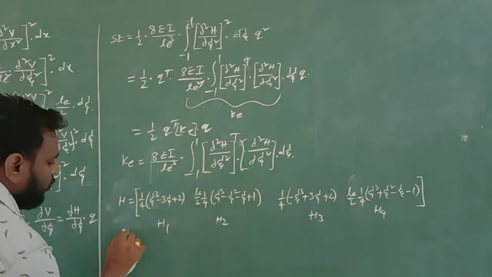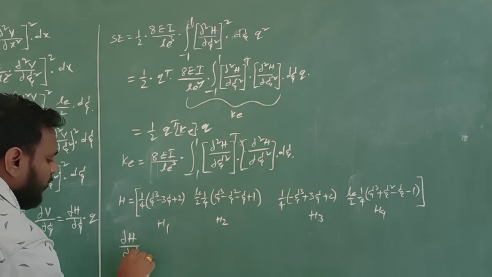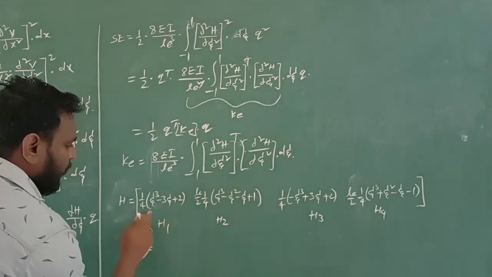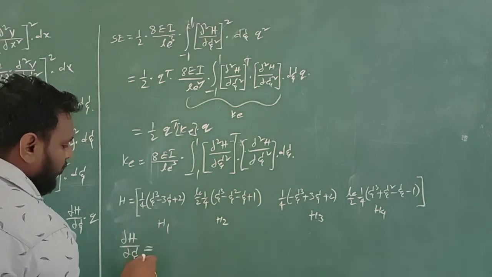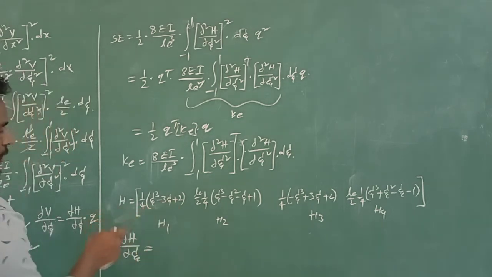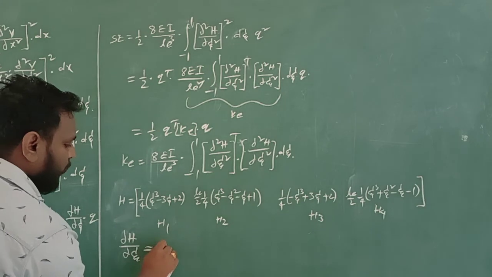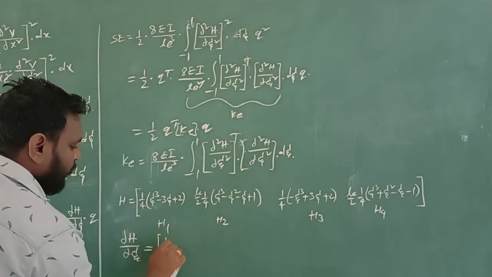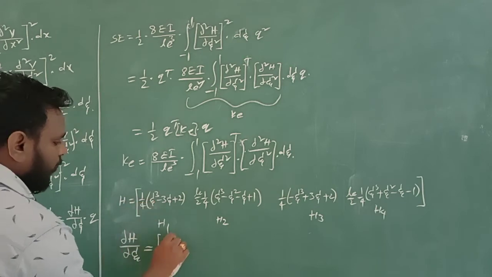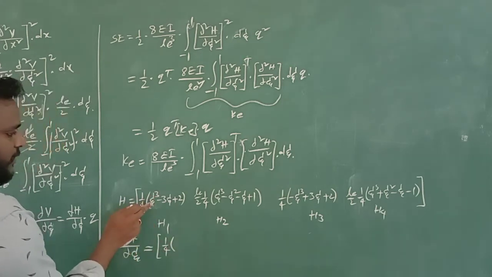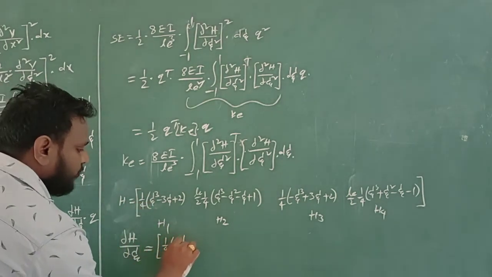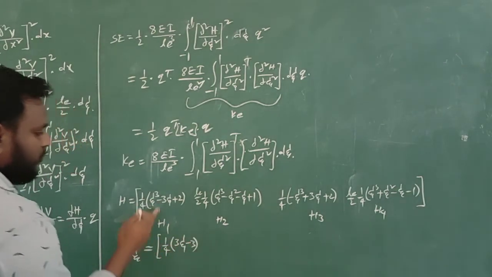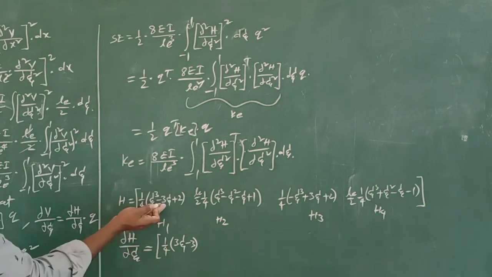So dou H by dou j is equal to: first we derive the first equation with respect to j. 1 by 4 is a constant parameter, so 1 by 4 into, j cube gives 3j square, and 3j minus 3. This is how the equation becomes after differentiation.